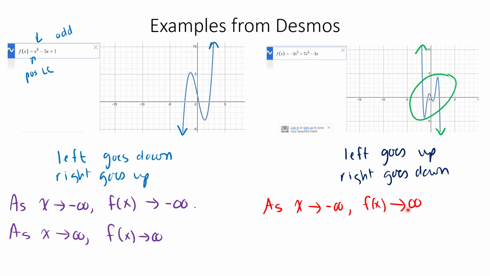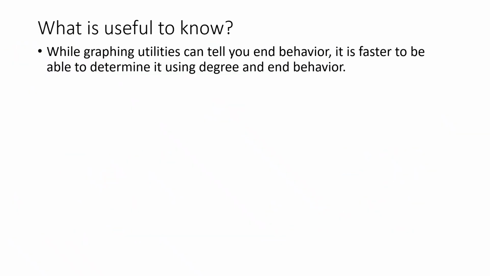So f of x approaches infinity. And then as x approaches infinity, that's my fancy way of saying to the right, f of x is approaching negative infinity, a fancy way of saying down. Okay, let's take a look at the other two situations that we might have.